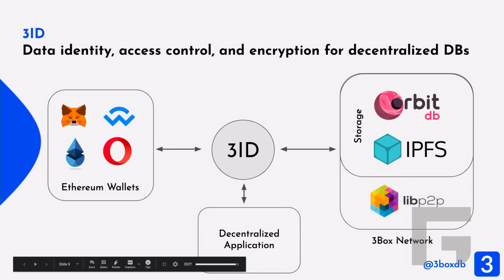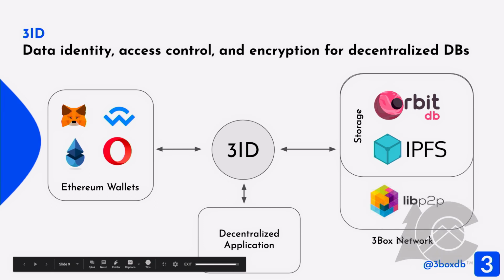Here I have a very high-level diagram of the technology we're using at 3Box. So you can see here that we are integrating with Ethereum wallets, be it MetaMask, Portis, whichever wallet you want to work with. And then from that, we are generating a 3ID or a decentralized identifier. And this identifier has keys attached to it so that users can encrypt data, they can sign data, and the data is ultimately stored on IPFS for 3Box.